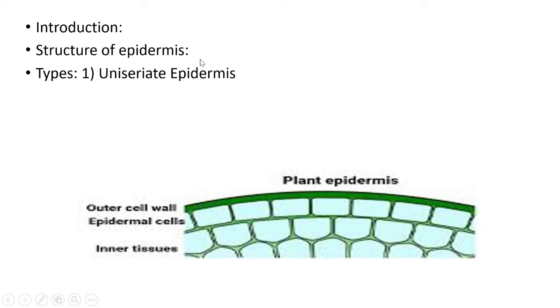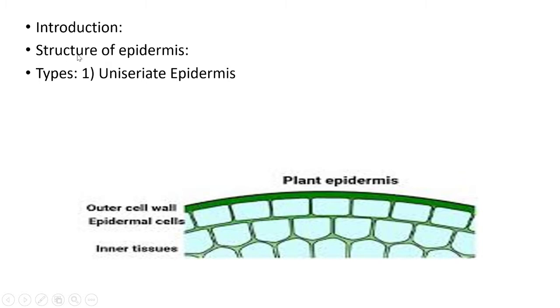Now let us see first of all the definition. All the components of epidermis, such as epidermal cells, epidermal outgrowths like glandular and non-glandular hairs, the stomatal complex, and their thickenings, are together referred to as the epidermal tissue system.